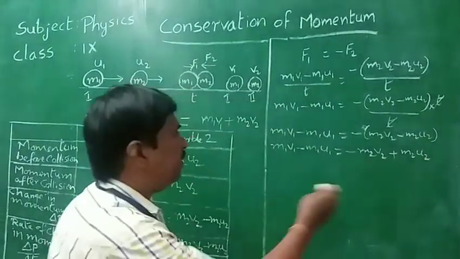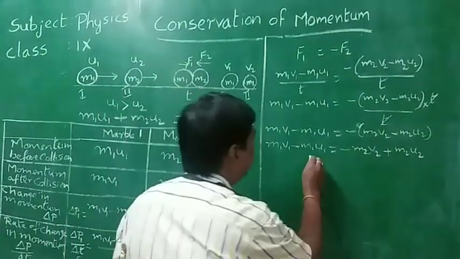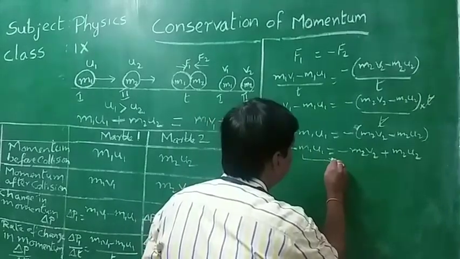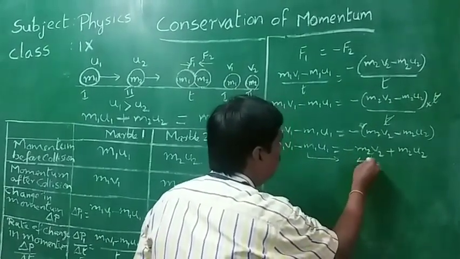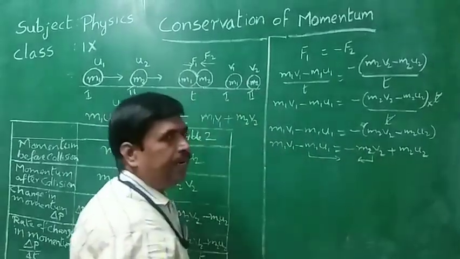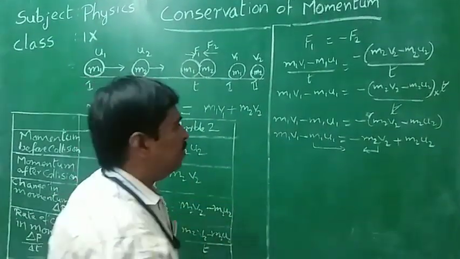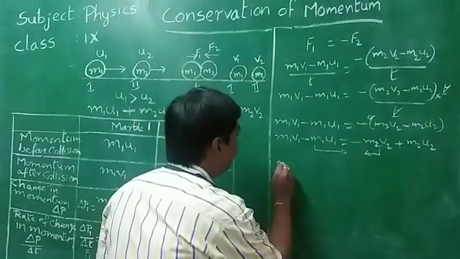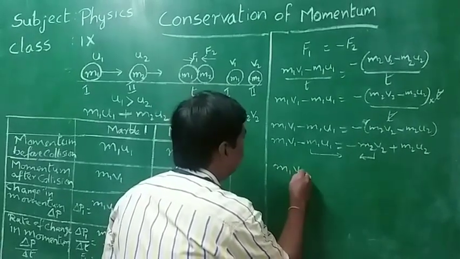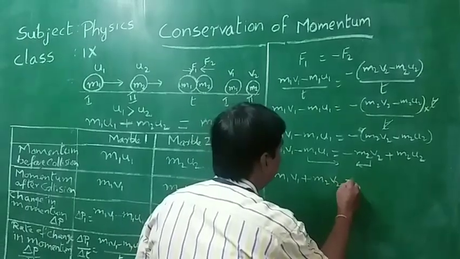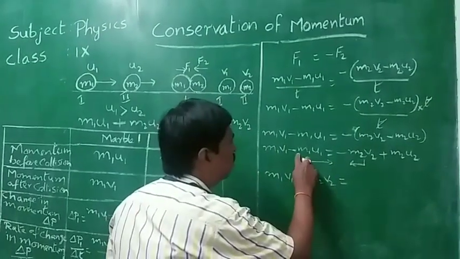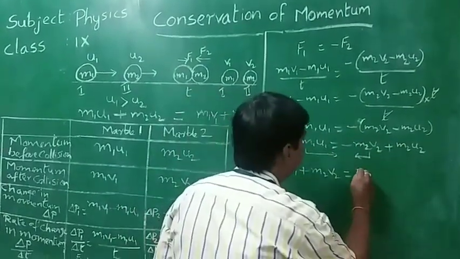If you rearrange the terms, minus m1 u1, if you send it to the other side, becomes plus. Minus m2 v2, if you send it to the left-hand side, becomes plus. So after rearranging, you get m1 v1 plus m2 v2 is equal to, here minus m1 u1, if you send it to the right side, it becomes plus.